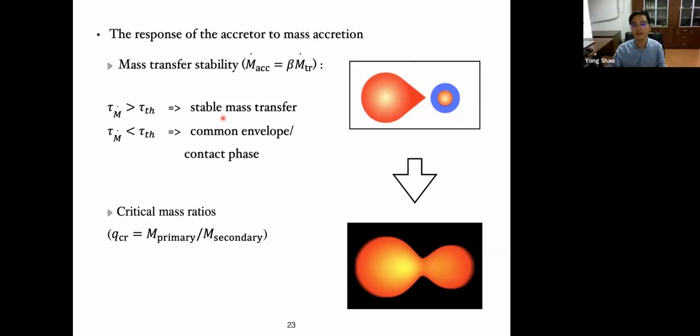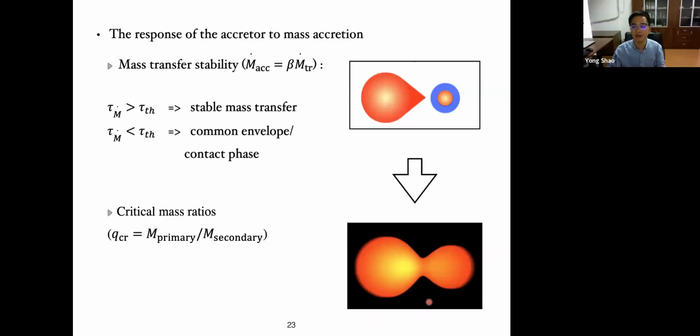Otherwise, if the accretor accretes rapidly, the mass accretion time scale is less than the thermal time scale of the accretor. So in this case, the accretor may get out of thermal equilibrium and expand. So this may lead to the formation of a contact binary.